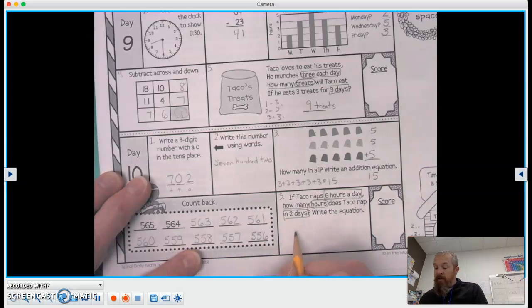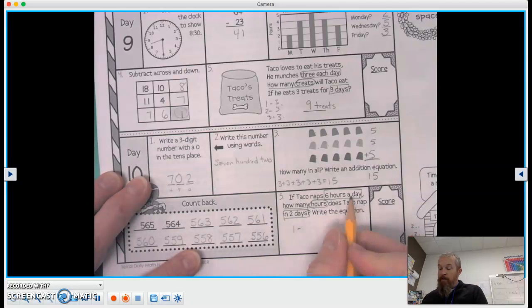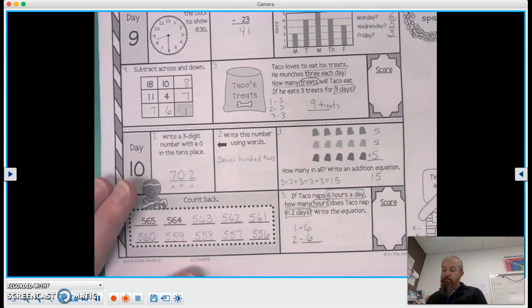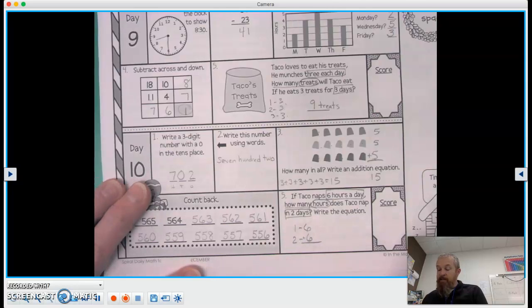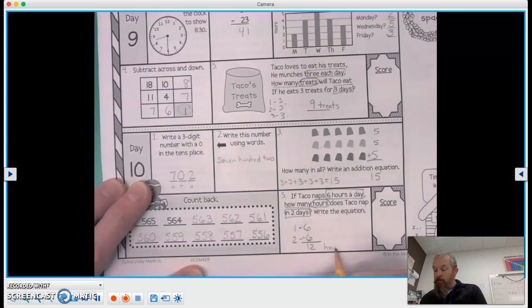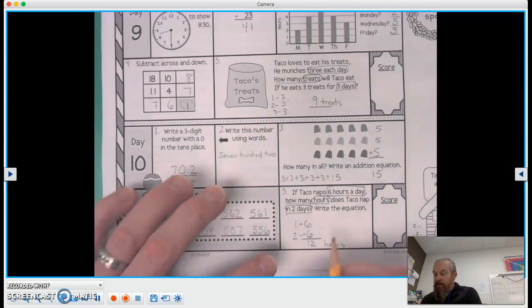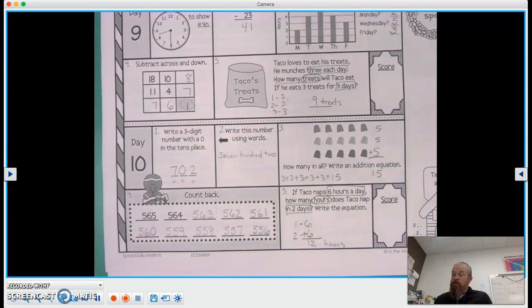Okay, so for day number 1, he's napping 6 hours. And day number 2, he naps 6 hours. 6 plus 6 equals 12. 12 hours, there's my label, 12 hours, right? So we have 6 plus 6 equals 12.